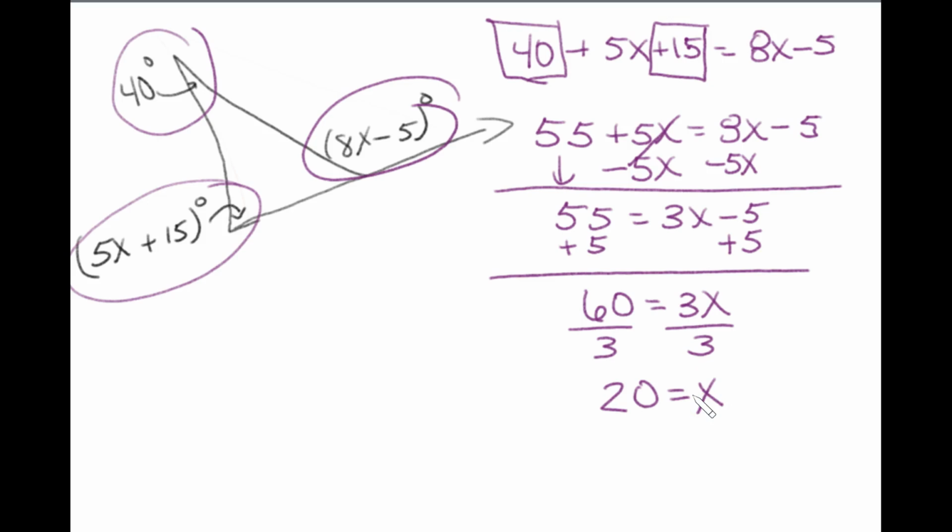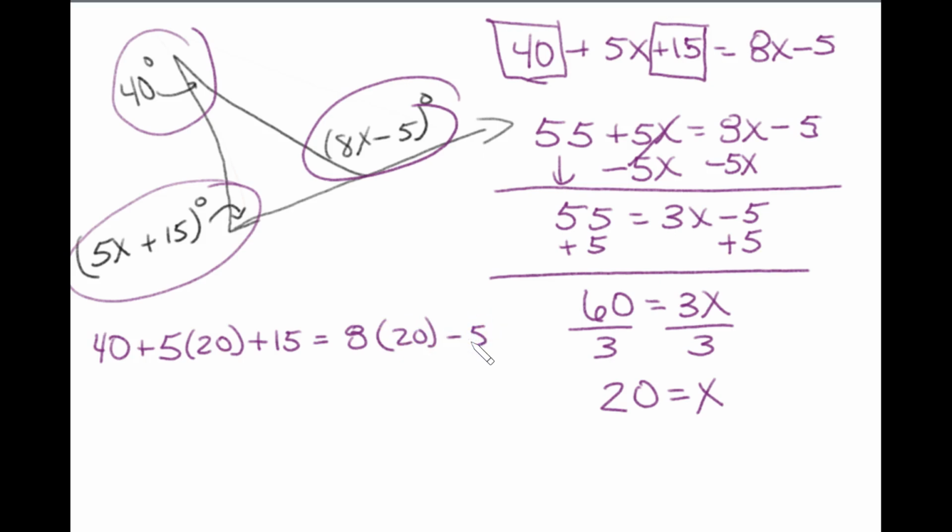All right. Well, let's see if this is true. If I've solved it correctly, then let's plug that in. All right. So we have 40 plus 5 times 20 plus 15 will equal 8 times 20 minus 5.